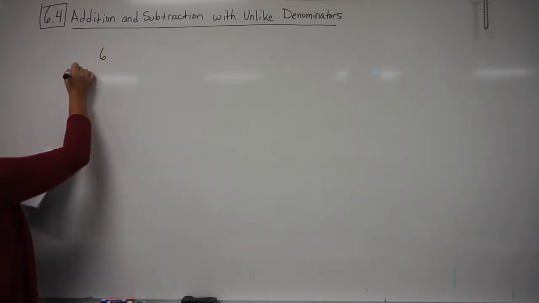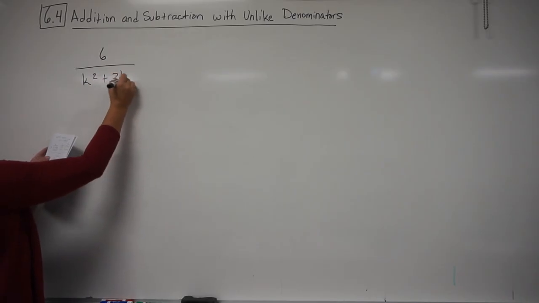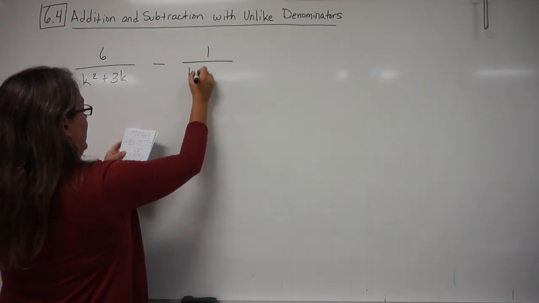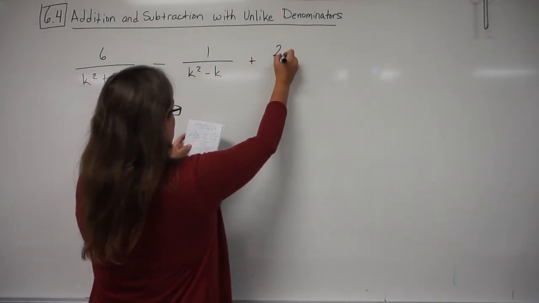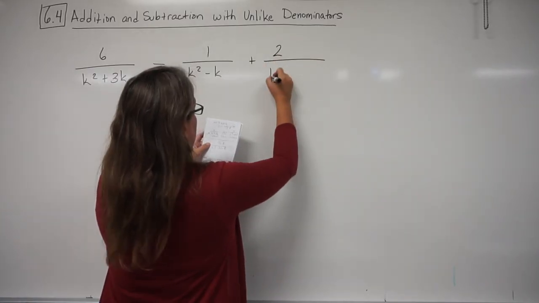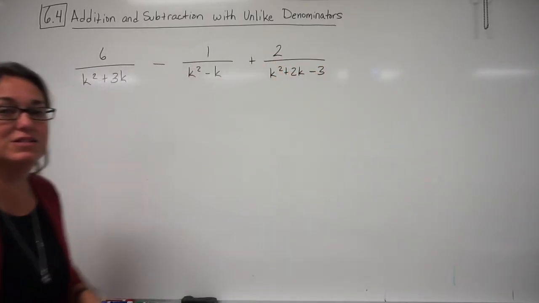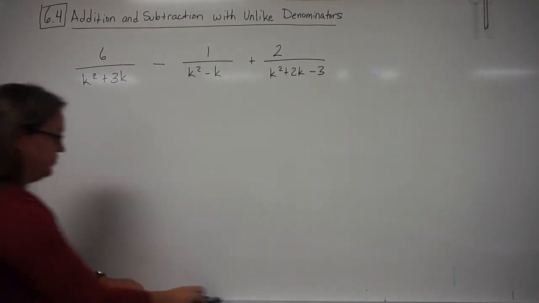We have 6 over k squared plus 3k minus 1 over k squared minus k plus 2 over k squared plus 2k minus 3. So that's our last problem that we're going to work on.